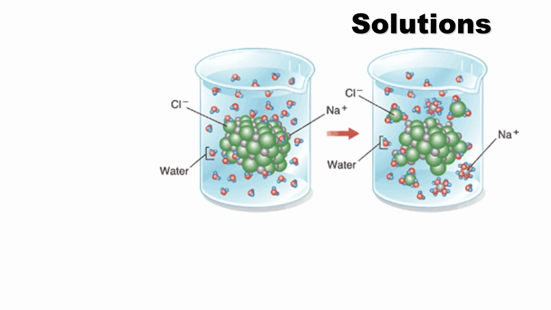So when we're talking about something dissolving, here's some sodium chloride or table salt dissolving in a beaker of water. This is able to happen because as the sodium chloride falls apart, the negative chloride ions are surrounded by the water molecules, and the positive sides of the water molecules will stick to the negative chloride ion. The flip side of that, of course, is that the positive sodium ions get surrounded by the water molecules, where the more negative oxygens of the water molecules stick to the positive sodium ions.